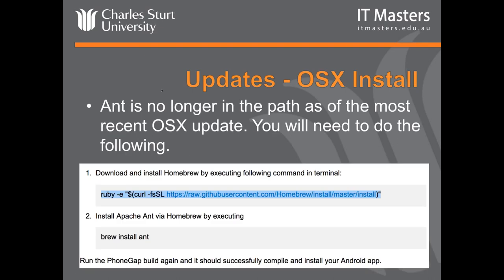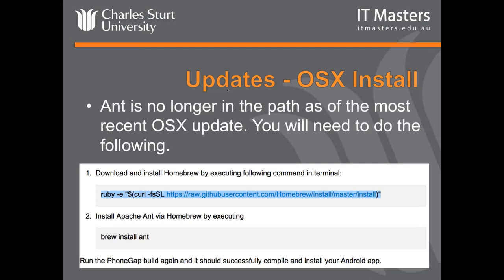All right, so a few updates. Now, I mentioned that there were some changes that weren't reflected in the video. So if you are running Macintosh and you're trying to get your environment working, there are a couple of things here that need to be made note of.